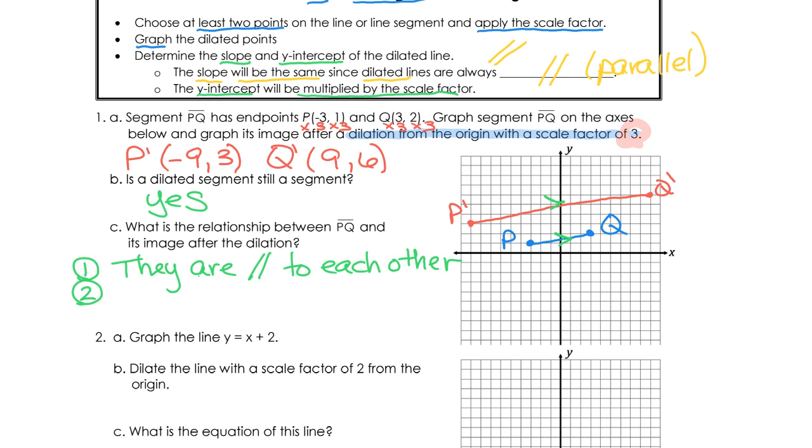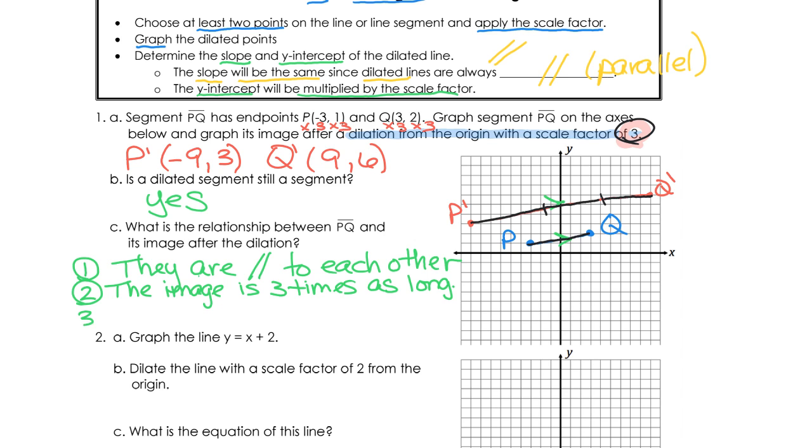There's a second thing, that if I were to measure the length of PQ, it would fit into P prime Q prime not only one time, a second time, but a third time, because your scale factor was 3. So we can go ahead and say that the image is 3 times as long.